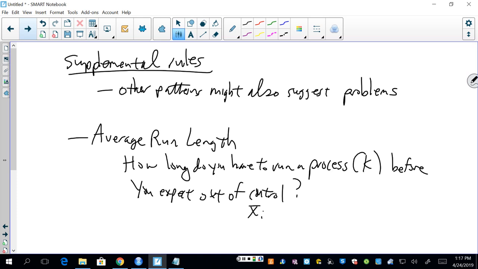So some of these supplemental rules are important if you can't take big measurements, you can't take frequent measurements. So making up other scenarios that would suggest a problem. It's not only making them up, there's probability content to find them. I bet if you go to a book on quality control methods, it will discuss the probability calculations associated with a lot of different variations, right, that you might look at.